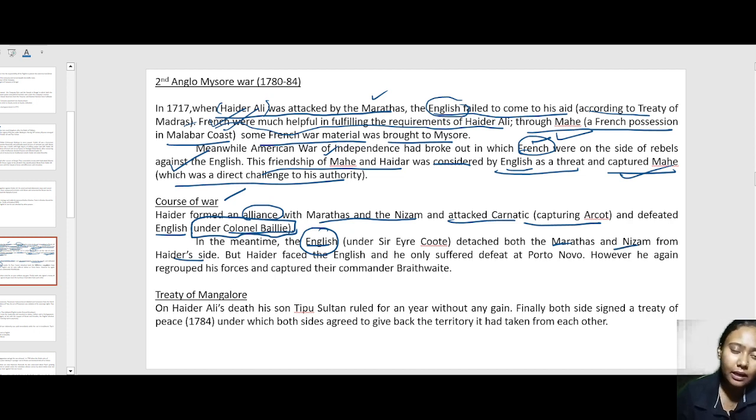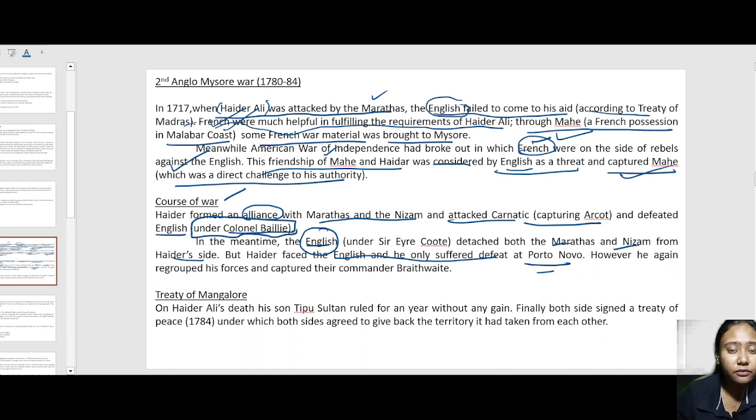But Hyder, being very cunning and diplomatic in his war tactics and skills, suffered defeat only at Porto Novo. Please mark, Hyder Ali was never defeated otherwise. He was defeated only once, in the war we'll see later on.